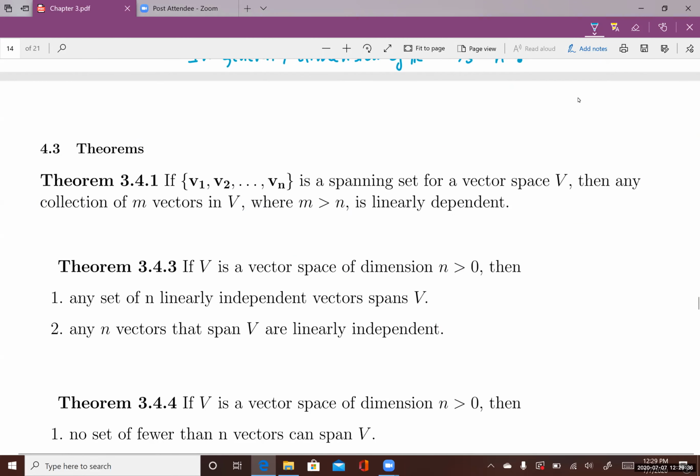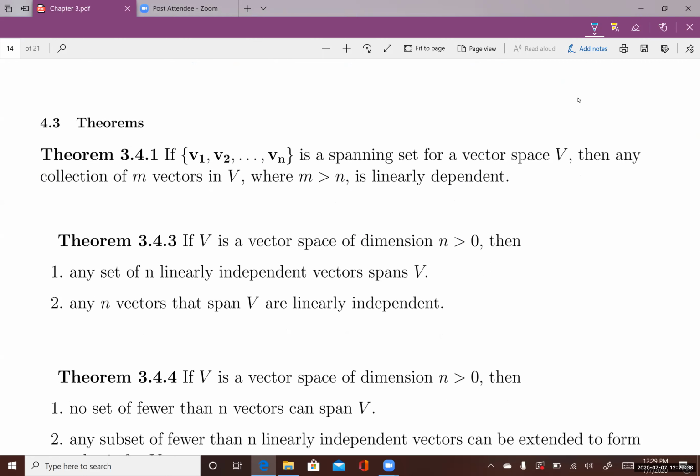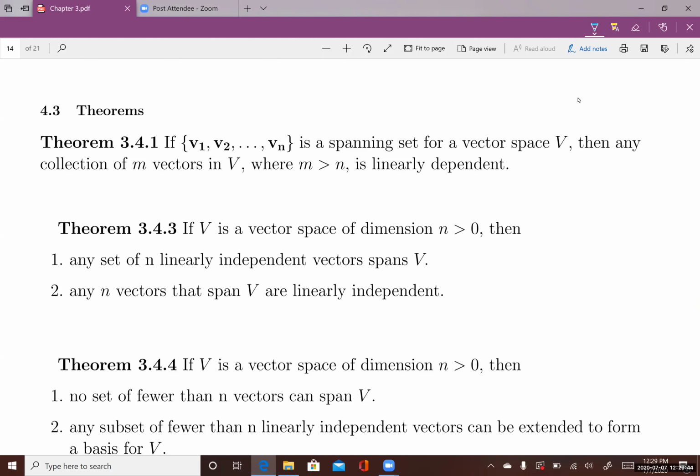All right, let's look at some theorems connecting a set of vectors with dimension and bases. First theorem: if v1 to vn is a spanning set for vector space V, then any collection of m vectors in V, where m is bigger than n, is linearly dependent.